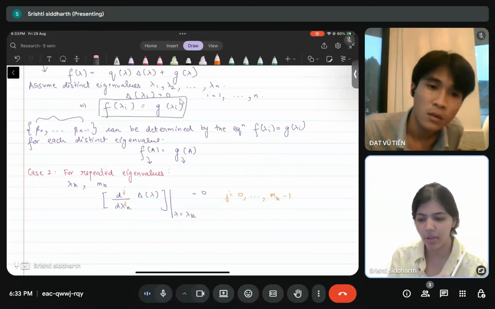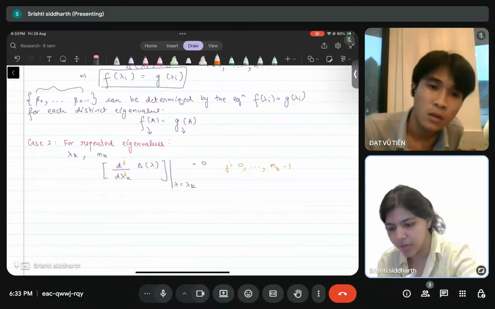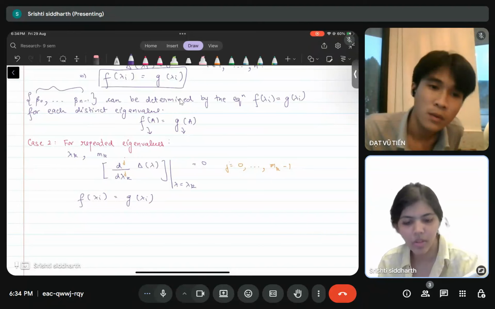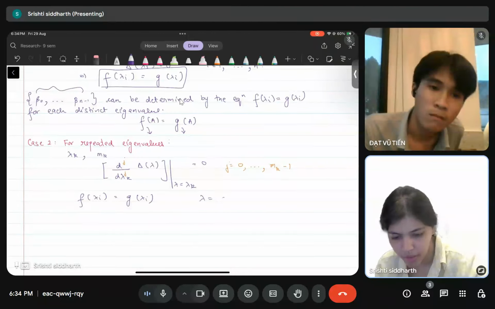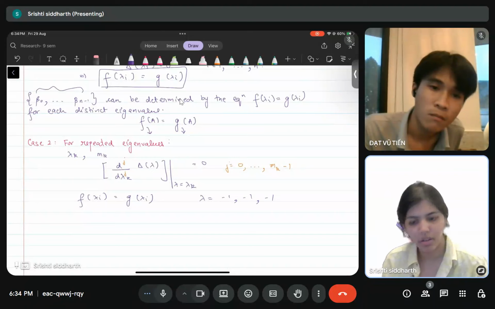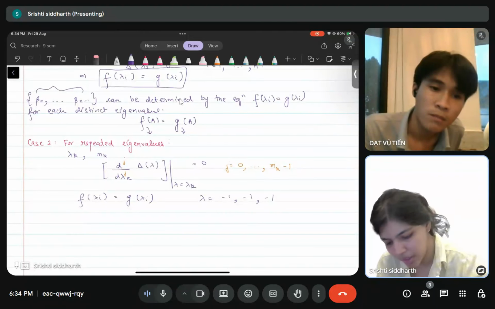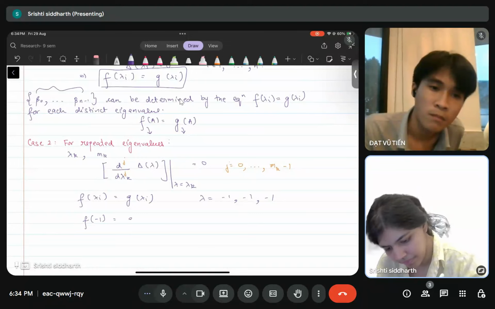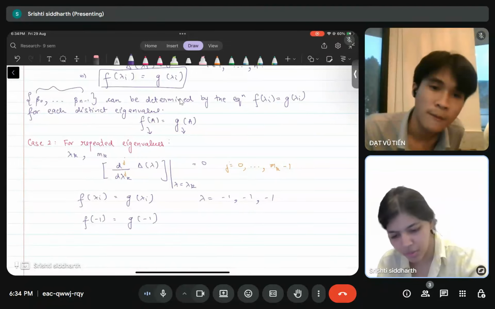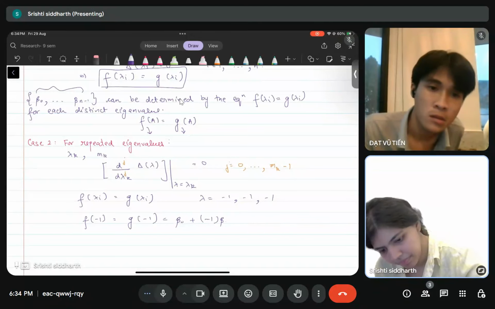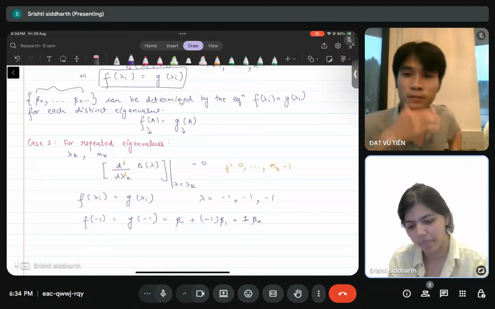For repeated eigenvalues, the first equation would be if we just substitute f lambda i equals g lambda i. Let's say that the eigenvalues were minus 1, minus 1, minus 1. So the first equation would be this one, and this would be beta naught plus, this is just 1, beta 2.